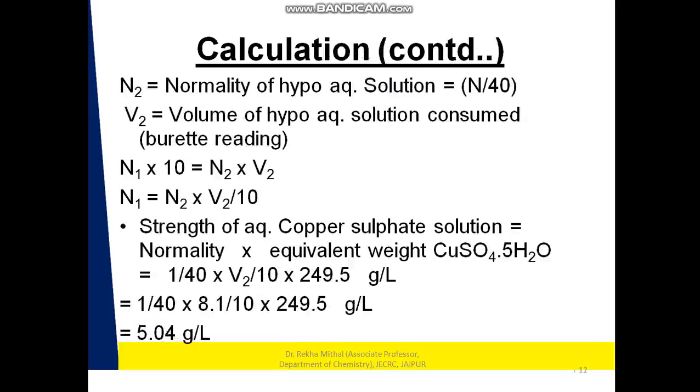So V2 is 8.1 upon 10 into 249.5. After calculating, we get 5.04 grams per liter. This is the strength of aqueous copper sulfate solution.